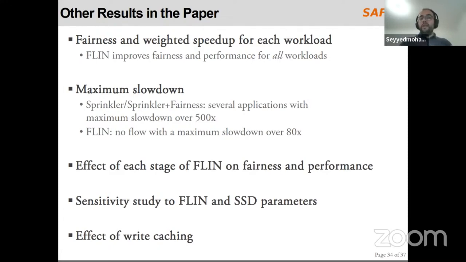However, the third stage of FLIN is really important in order to reduce the maximum slowdown, because usually maximum slowdown happens due to garbage collection, and when we handle garbage collection interference, we can significantly reduce maximum slowdown. We also did a sensitivity study to FLIN and SSD parameters and the effect of write caching, which is also important. So I really encourage you to take a look at our paper to see more results and also the details of our technique.